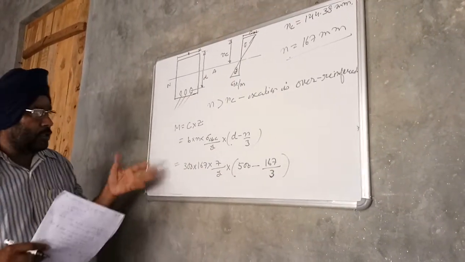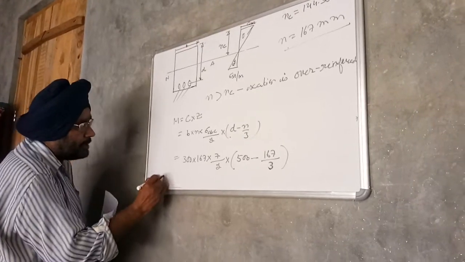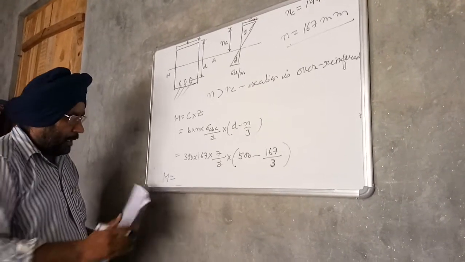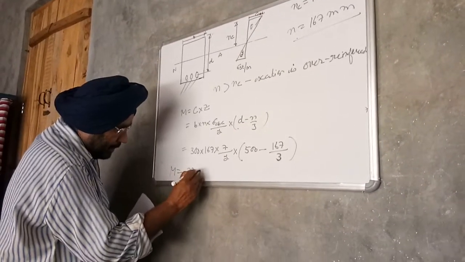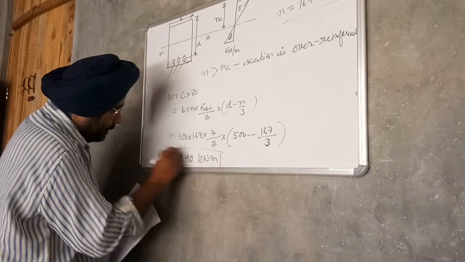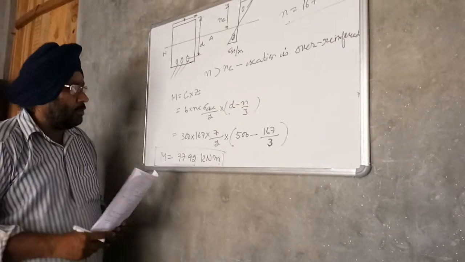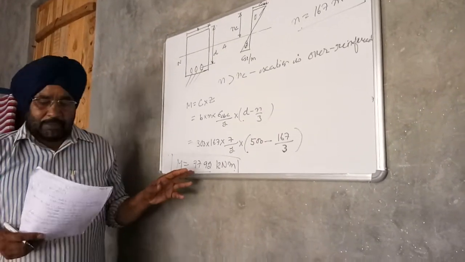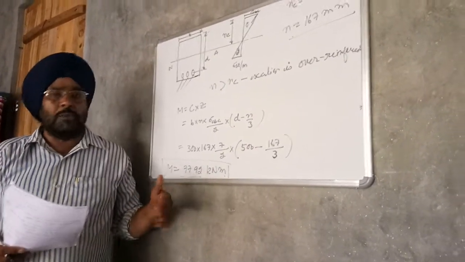By solving this, we get the value of the moment of resistance M, which is 77.92 kilonewton meter. So the moment of resistance of the over reinforced section is 77.92 kilonewton meter.